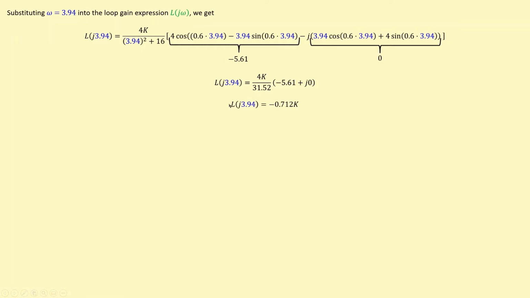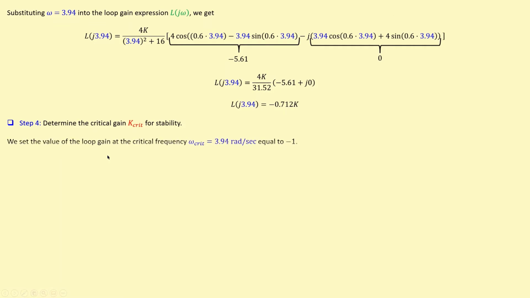If I now work it out, I get that the loop transfer function at the critical frequency is minus 0.712k. As I said before, this expression must be set equal to minus 1 in order to calculate the critical gain, because that determines the maximum allowed value for your proportional controller gain k in order to stay in the stable region, so you have a stable closed-loop system.